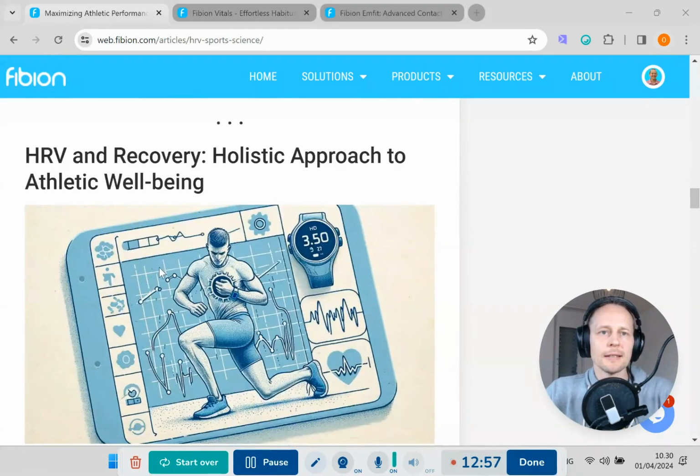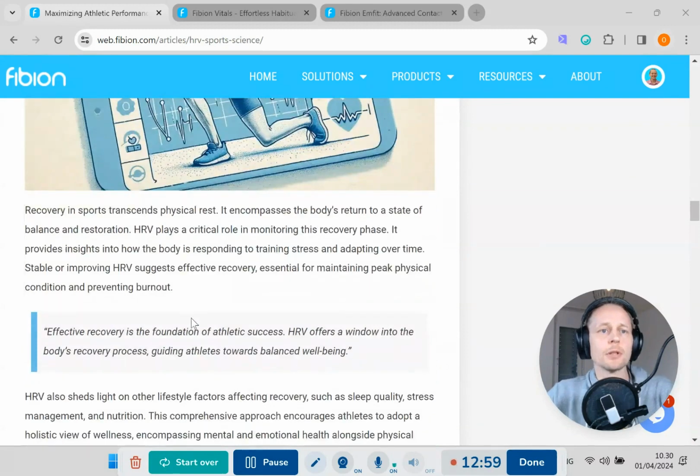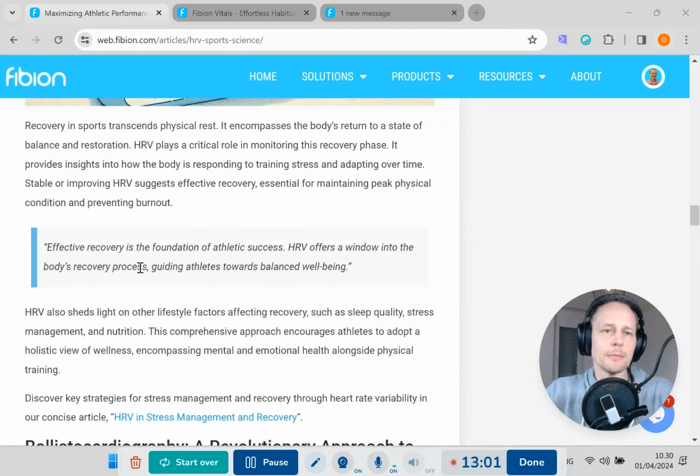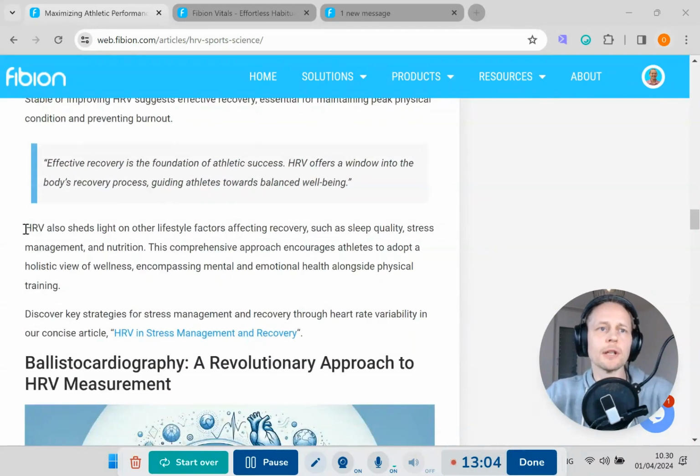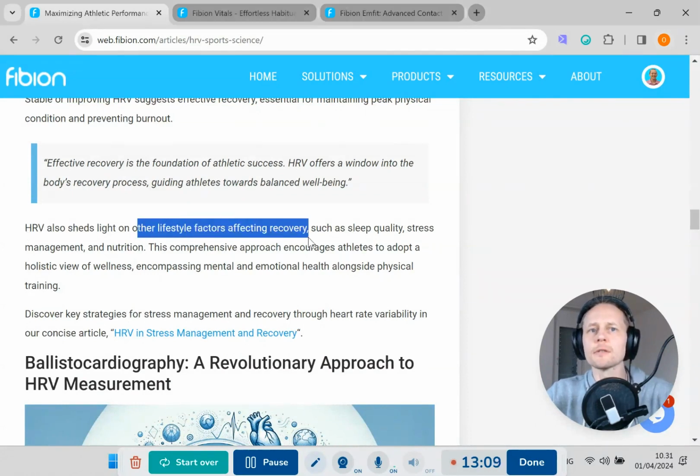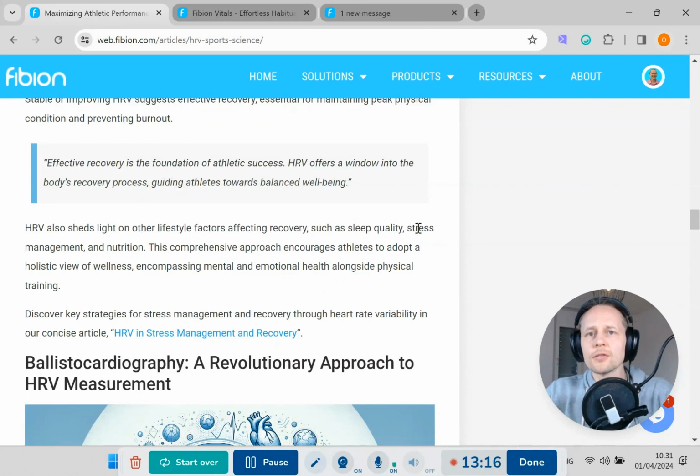And the sleep time recovery is important, but also the daytime recovery is important. HRV can also shed light on the lifestyle factors affecting recovery, including sleep quality, but also resting during the day, stress management, and nutrition. And if we think of top level athletes, there is often a lot of traveling, a lot of PR, and a lot of tasks that need to be done.